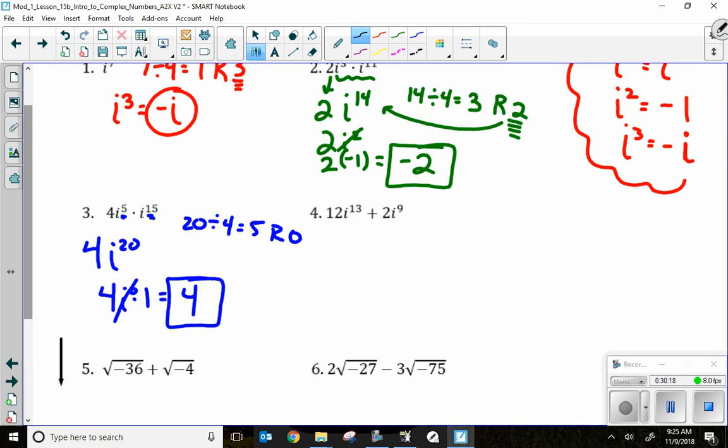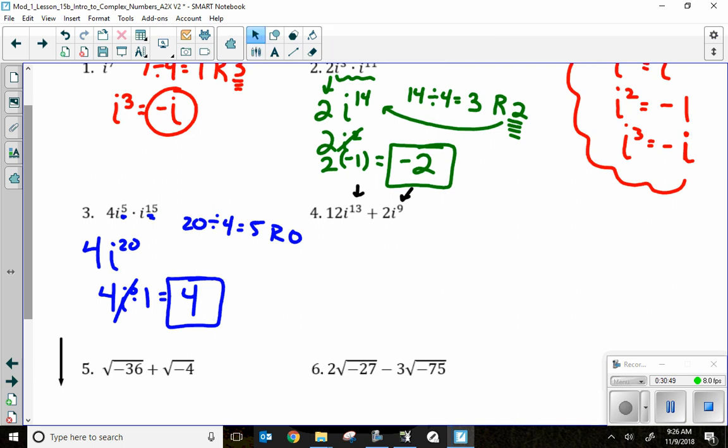So it's my hope that when I simplify these two imaginary numbers, I have the 13 and the 9, hopefully I get the same value of i left. If I don't, I just have to leave them separate, meaning if I had x to the 13th plus x to the 9th, I can't combine those. If I had x to the 13th and x to the 13th, I could. So let's simplify these.